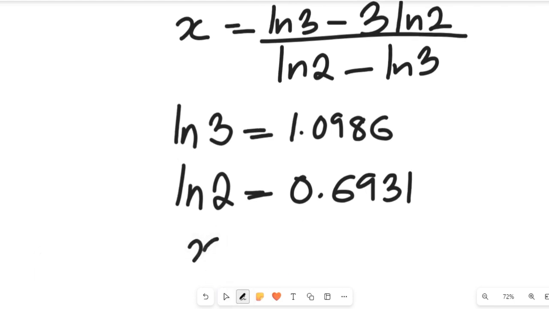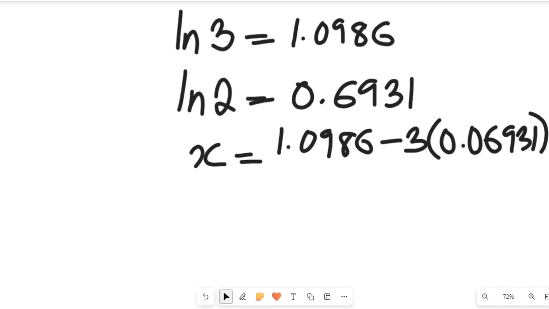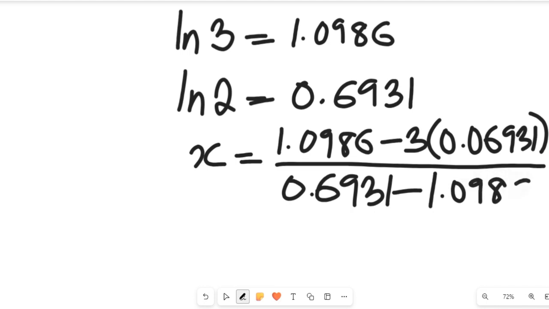So we'll simplify that into the expression. We'll have the value of x equal to 1.0986 minus 3 multiplied by 0.6931, and this will be divided by ln of 2, which is 0.6931, minus ln of 3, which is 1.0986.